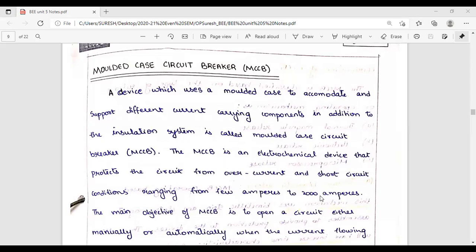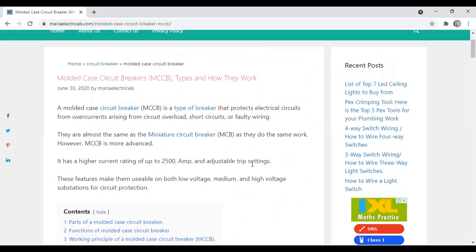MCCB is capable of withstanding very high current. So in MCCB, we set one predefined value, the trip setting. Trip setting means, suppose you set 2500 ampere, after 2500 ampere MCCB will operate.